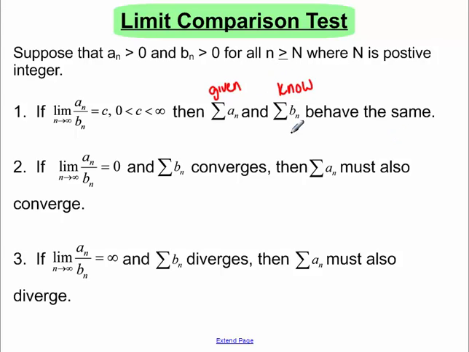So then I have to know what happens to this one. If our limit equals 0 and b of n converges, so we know that this converges, the other one must also converge. If we know this diverges, then the one that we know diverges, then this limit is also going to diverge.